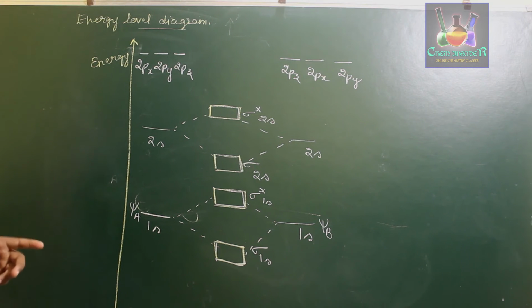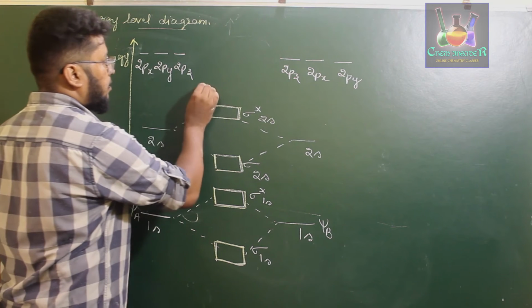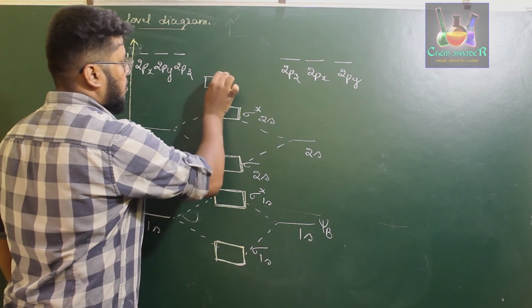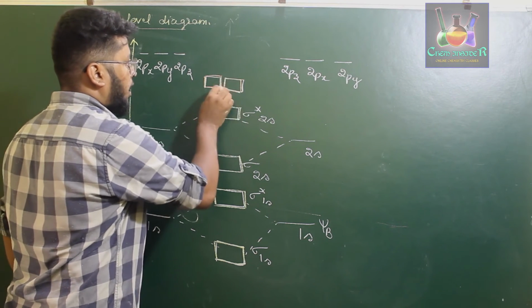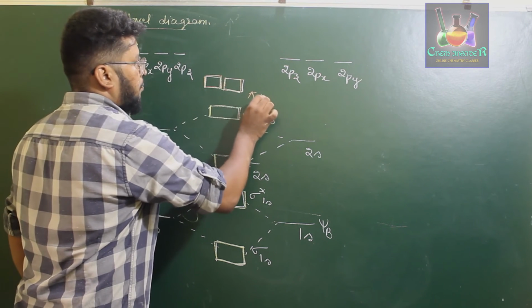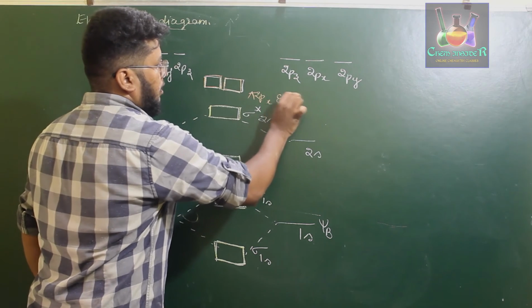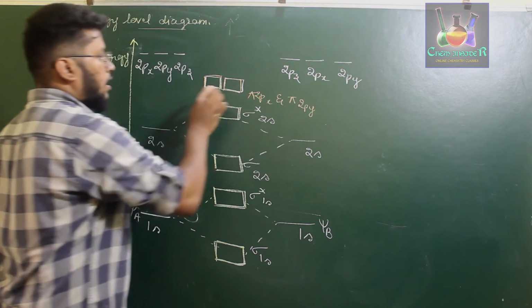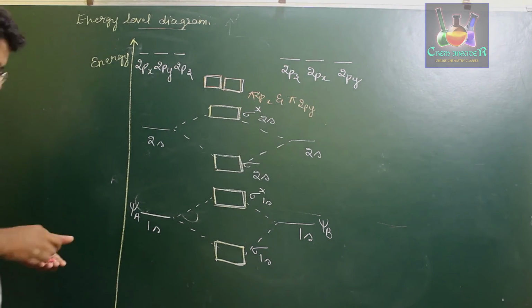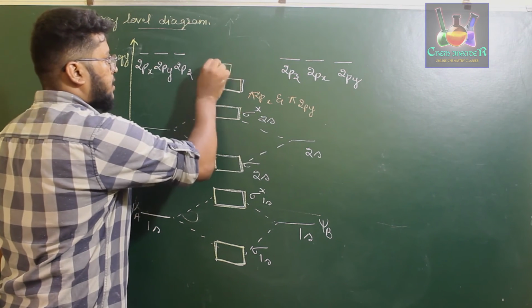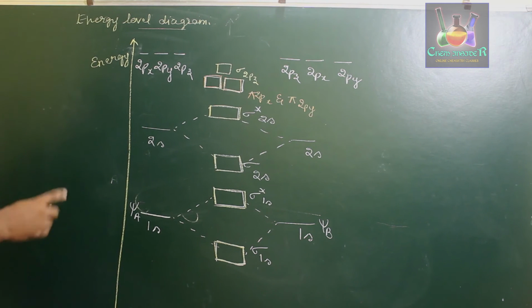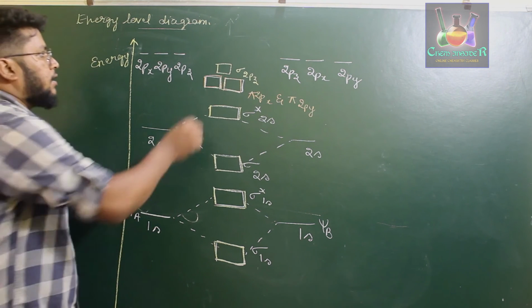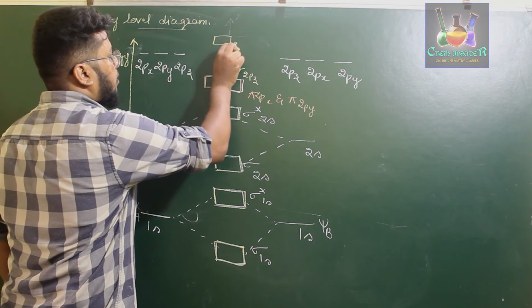If a molecule has less than 14 electrons, the orbitals will be of this type. These two are the pi orbitals of px and py, pi 2px and pi 2py. We will have sigma 2pz above the pi 2px and pi 2py, and the sigma star 2pz will be present next.